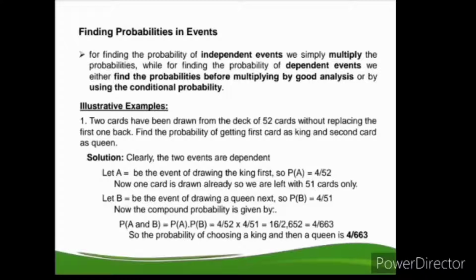So the probability of choosing a king and then a queen is equal to 4 over 663.